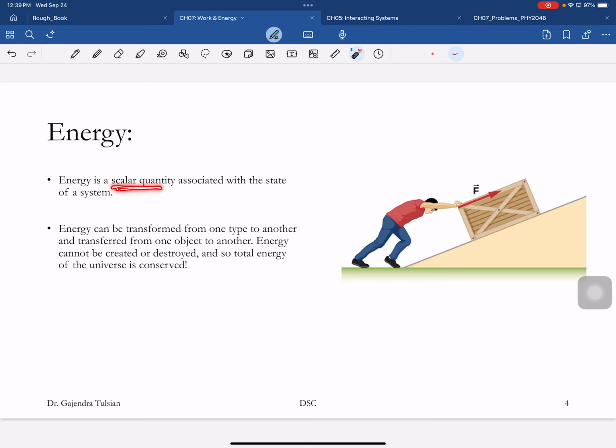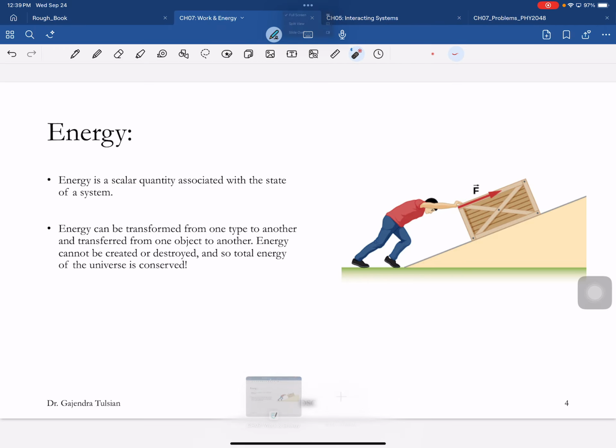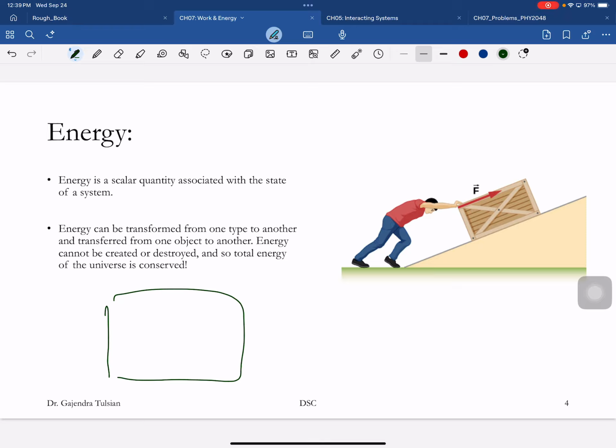Energy is a scalar quantity associated with the state of the system. What that means is if you have a system, it doesn't matter how it got here. The energy content of the system just depends on the state of the system.